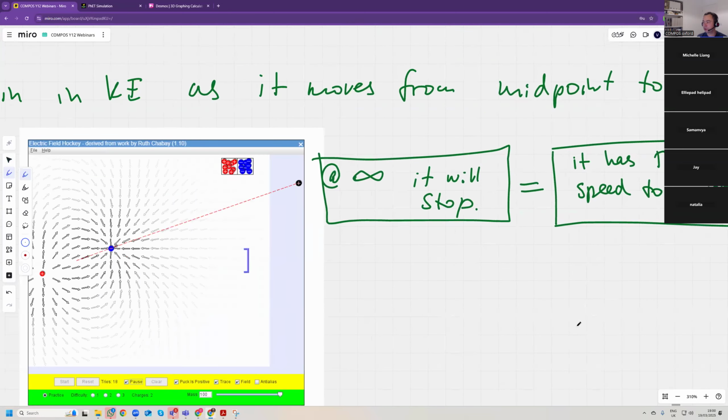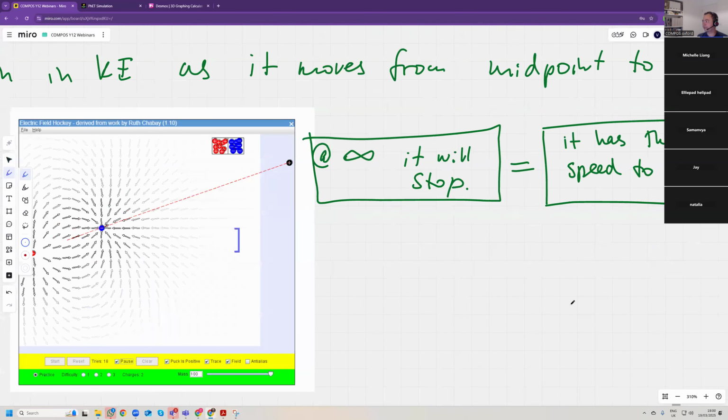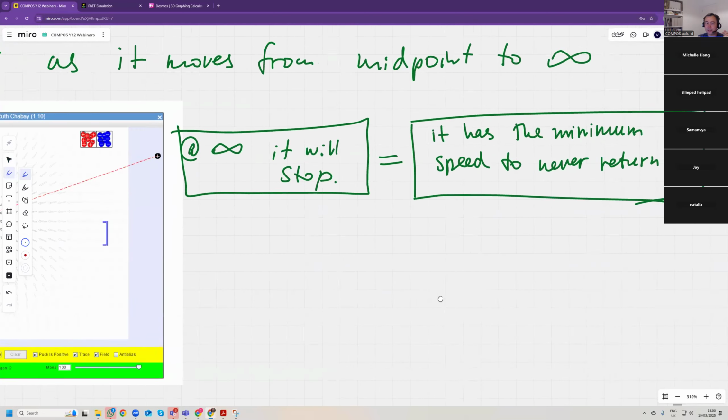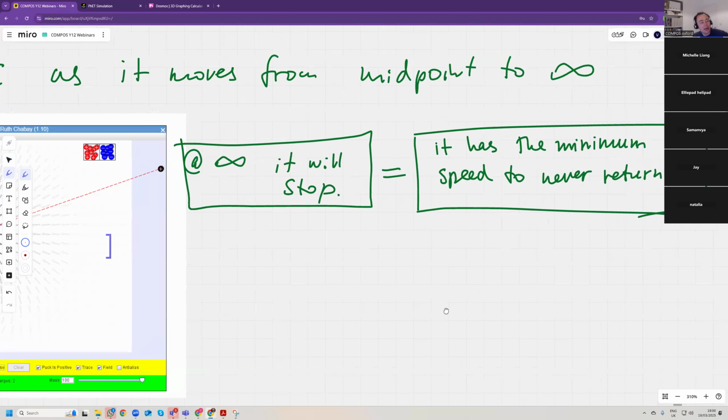So at infinity, it will stop and never come back. There's no such point as infinity, but it has the minimum speed never to return.